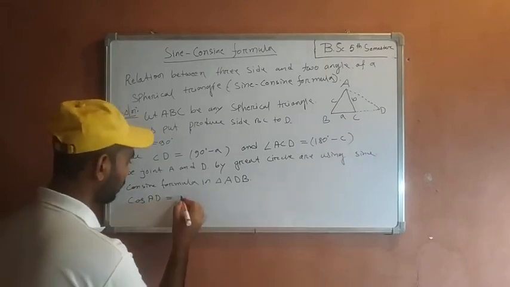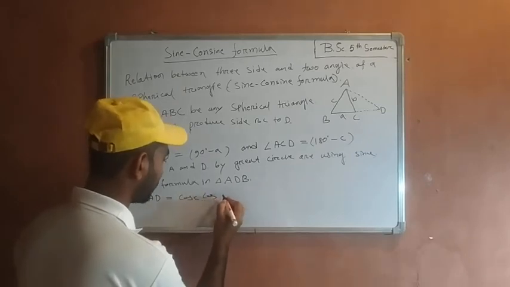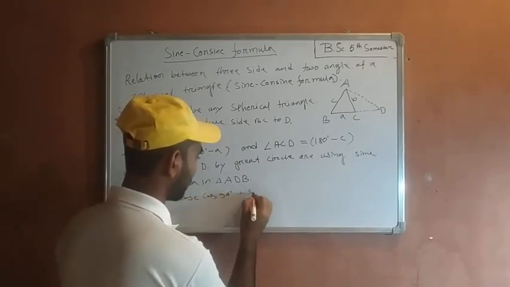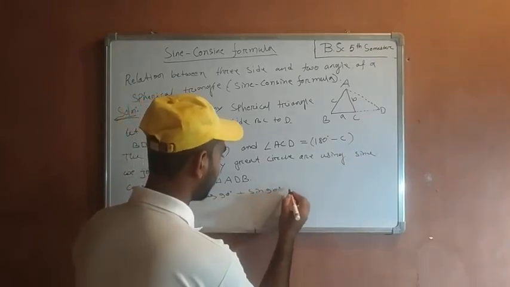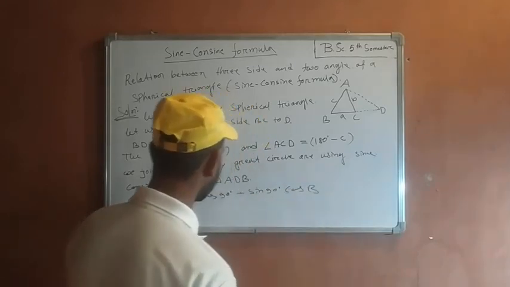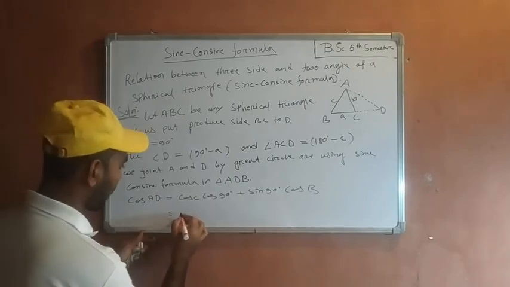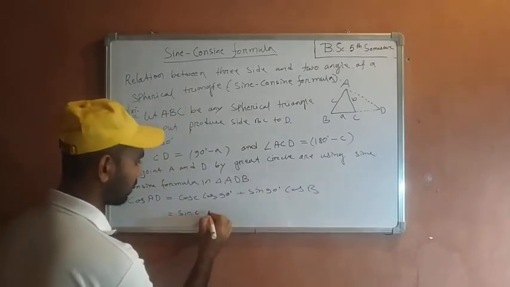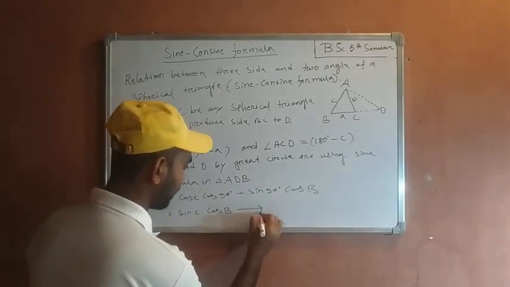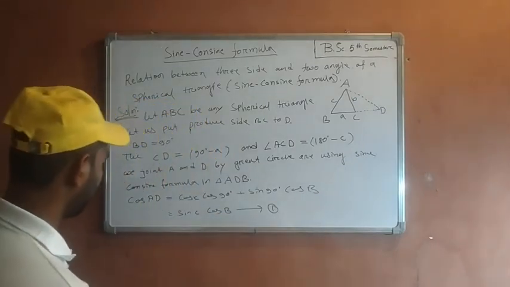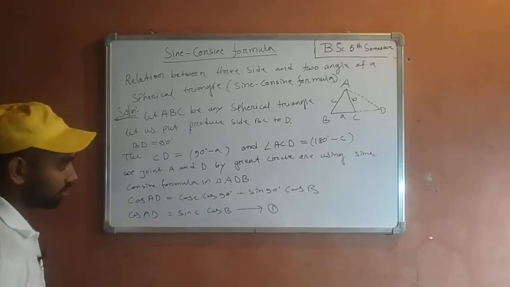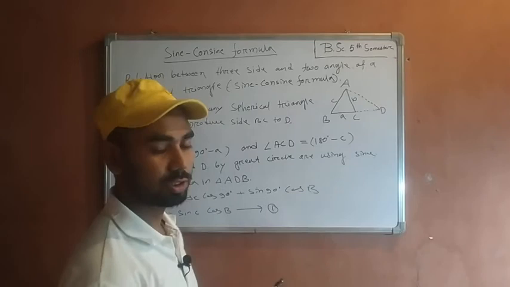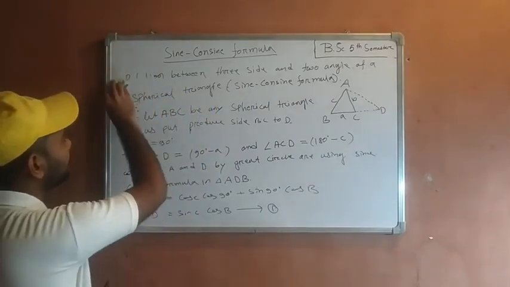Cos AD equals cos C cos 90 degrees plus sin 90 degrees cos capital B. Or cos C cos 90 degrees plus sin 90 degrees, then directly we write sin C cos capital B. Numbering this as equation 1. Anyone who needs to note this down can skip the video and write it, because these are very small, so I am cleaning this side.